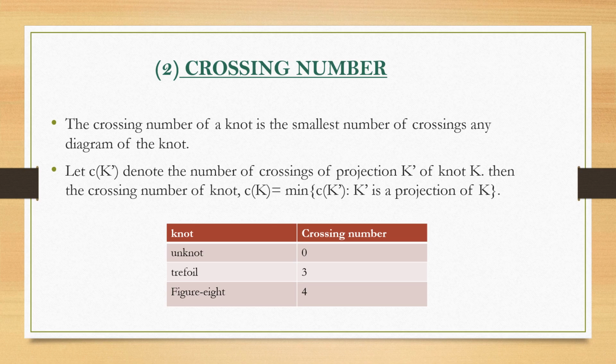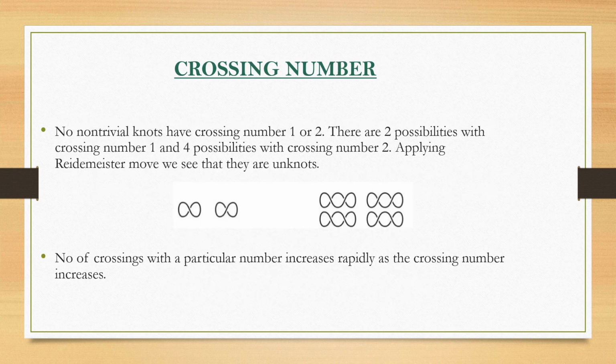It is denoted by c(K), and the attached table gives you different crossing numbers. That is, the unknot has crossing number 0, the trefoil has 3, whereas the figure eight has 4. Observe that no non-trivial knot has crossing number 1 or 2.